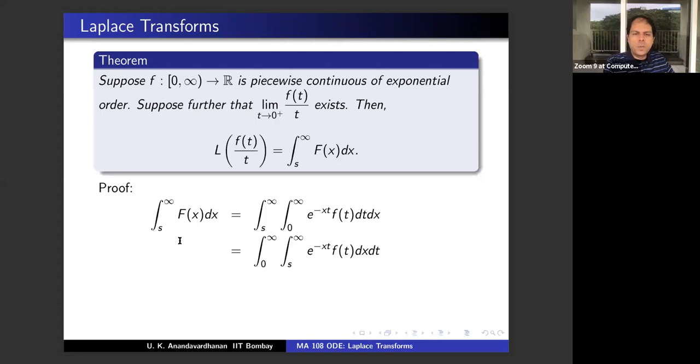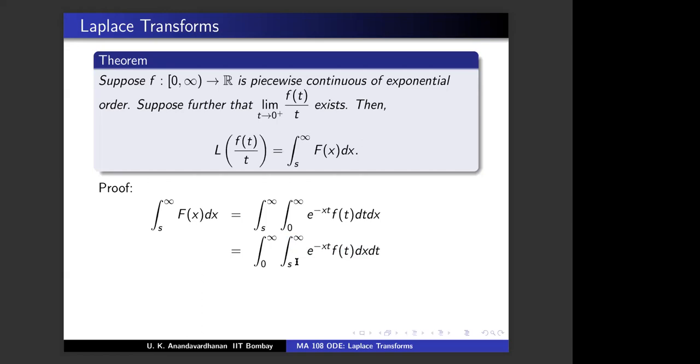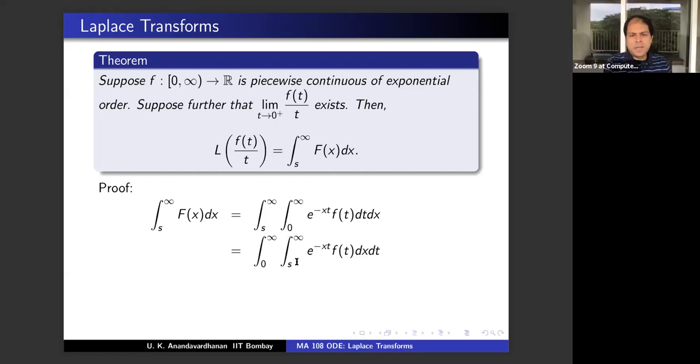Now what will you do? So I'm integrating with respect to x first. You can do the integral from s to infinity of e power minus xt dx. So integrate that. What is the integral of e power minus xt dx? Yeah, e power minus xt by minus t.